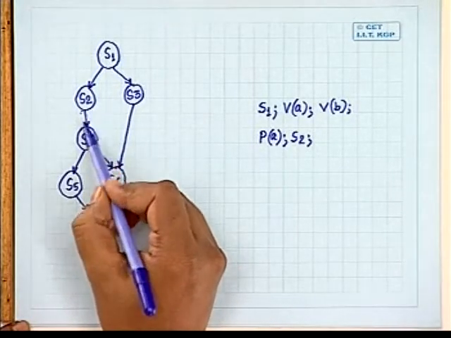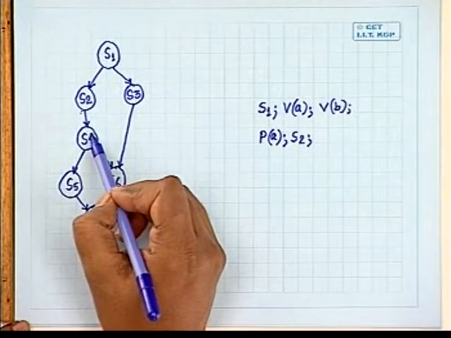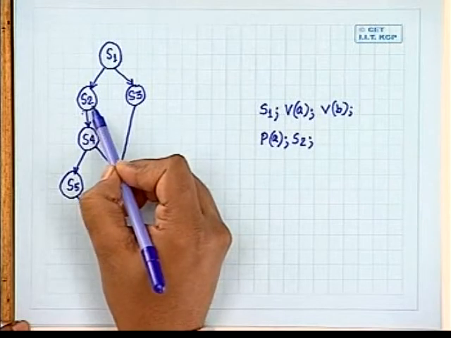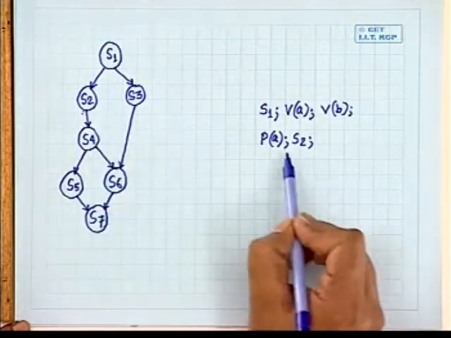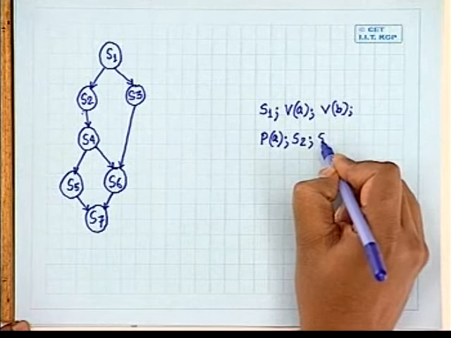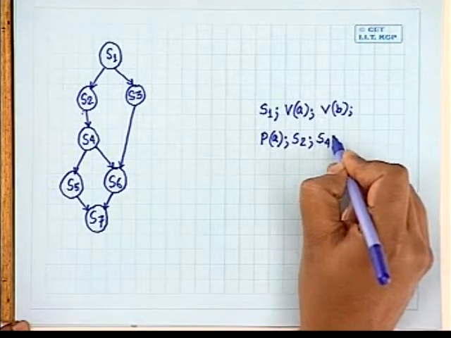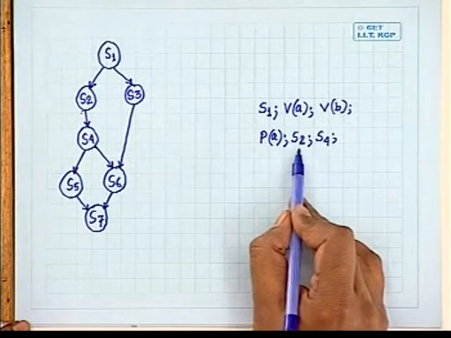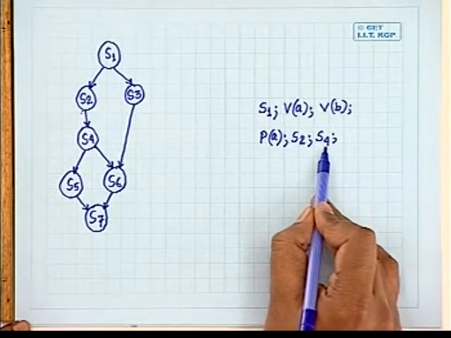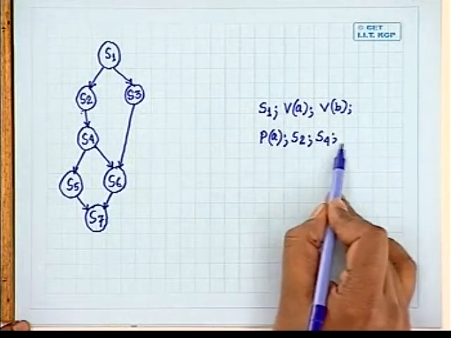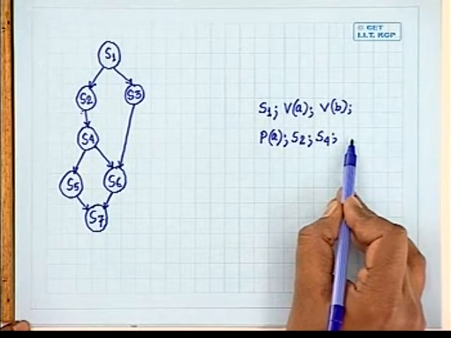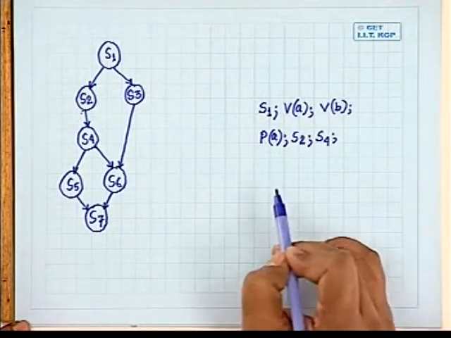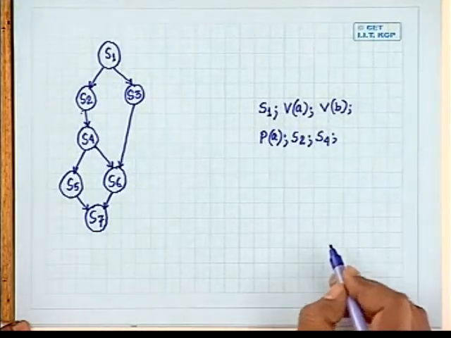So this is strictly sequential, right? So I can allocate S4 to the same process which is executing S2, and within this I'll put S4 after S2. Okay. So this says that S2 and S4 are to be executed sequentially, and this entire row will be under a begin end statement to ensure that within a row, the executions are sequential. We'll give you the complete structure later.